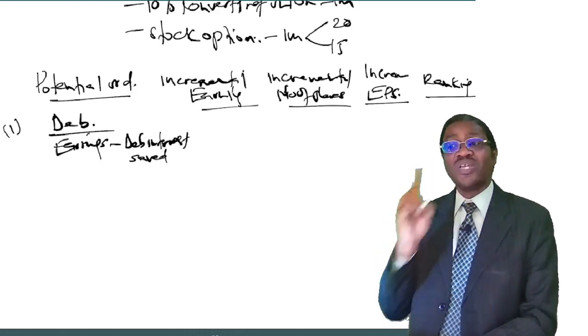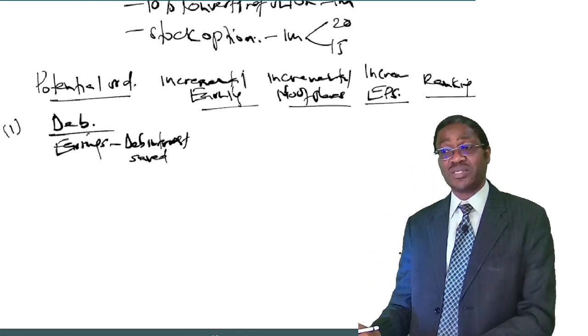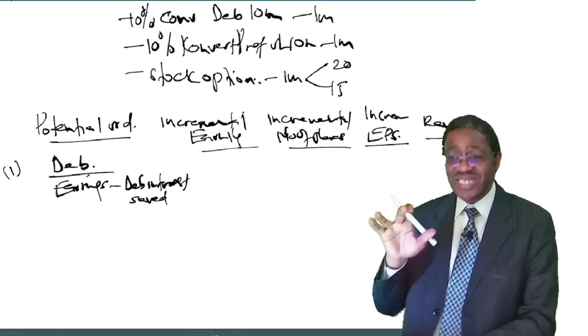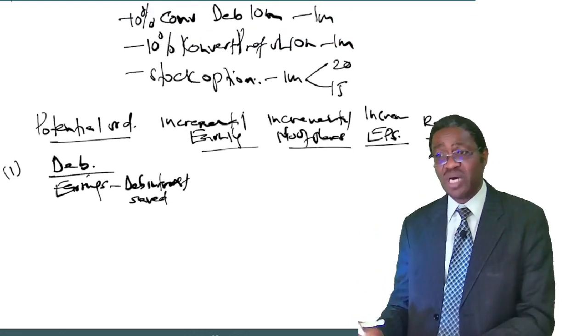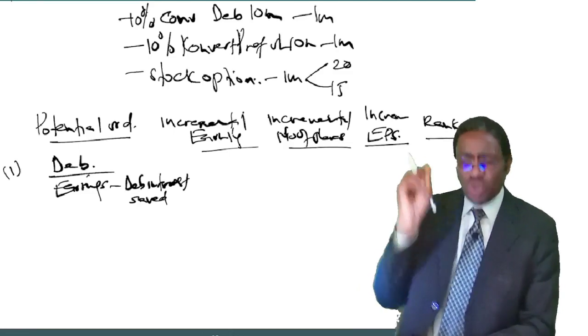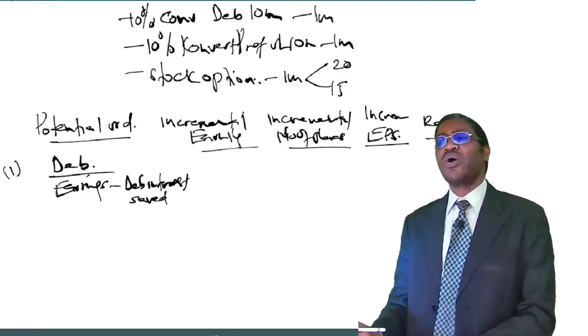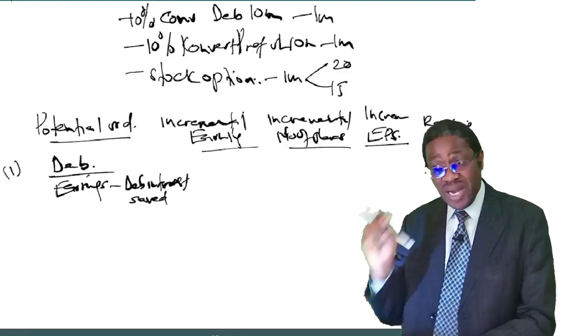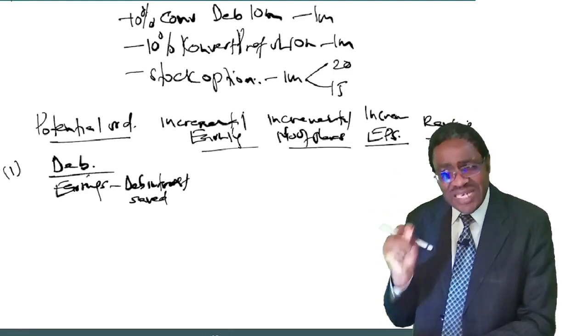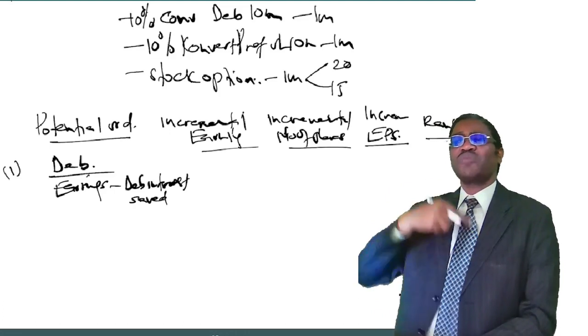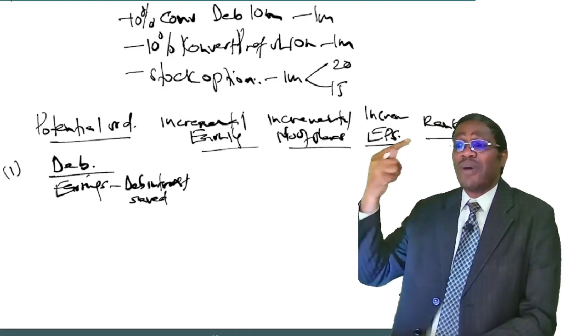This year, what is it that you paid them as interest? Our company has a 10% convertible debenture worth 10 million. So it is obvious that this year you paid your debenture holders 1 million. But we have said that interest of 1 million will not increase the earnings by the whole amount of 1 million.